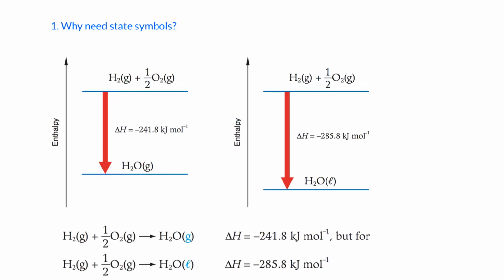So why do we need state symbols? Just have a look at the following examples. If I have H2 and O2, and we have an exothermic reaction, a combustion of H2. When we burn the H2, they will form H2O. So you have to remember the product formed in the process.